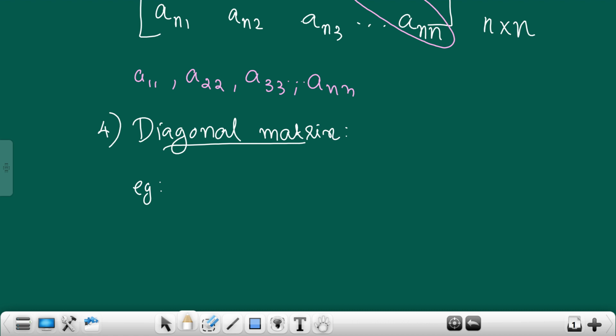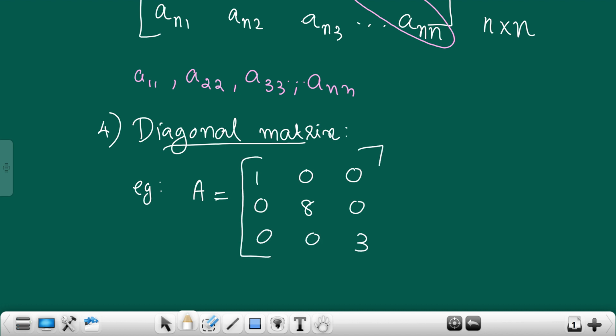For example, we can write matrix A equal to 1, 0, 0, 0, 8, 0, 0, 0, 3. The order of this matrix is 3 by 3. This is a square matrix. Here, the diagonal elements are 1, 8, 3. Non-diagonal elements are 0. This type of matrix is known as a diagonal matrix.